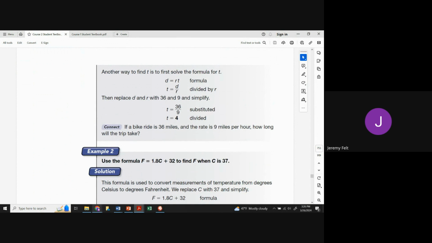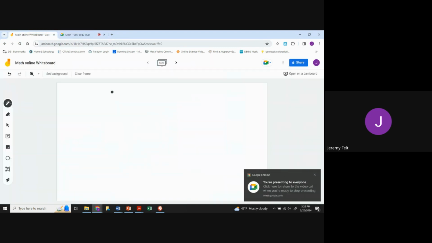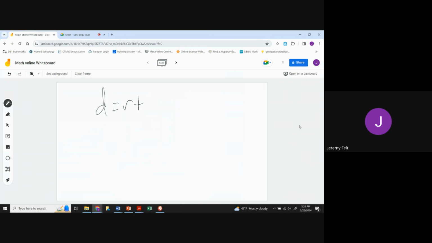We can rearrange these formulas also. So we'll use distance equals rate times time. We can manipulate this, so to speak, or rearrange it so that we have it in terms of d, which we already do. We divide both sides by t, where we get r equals distance divided by time.